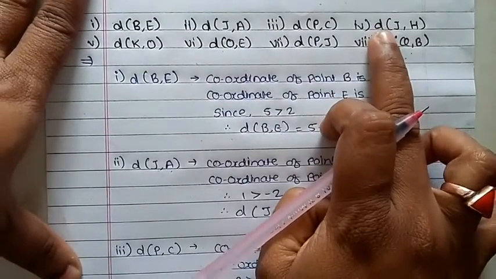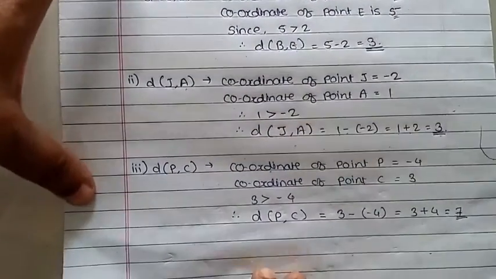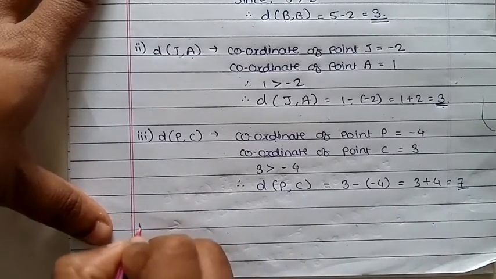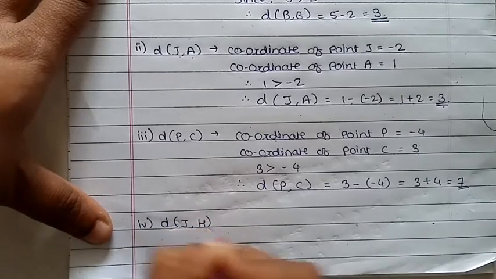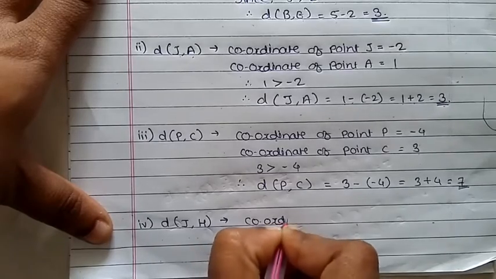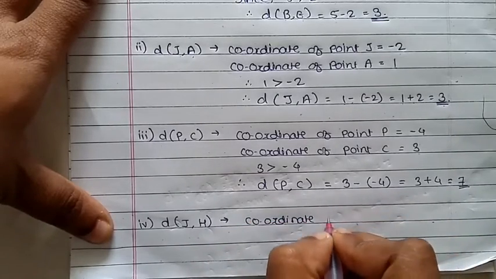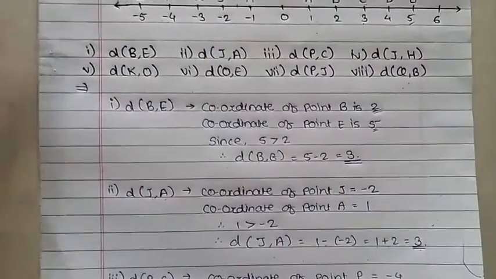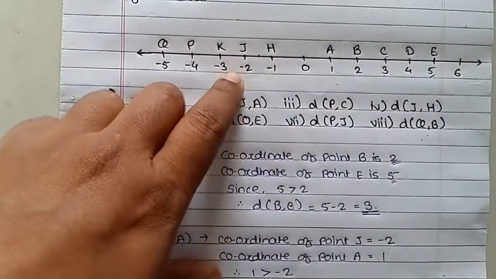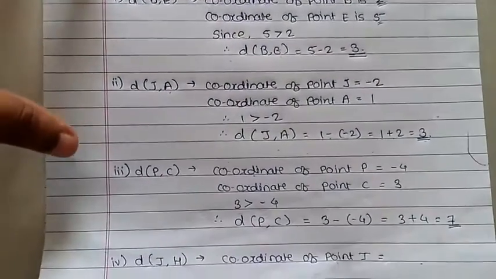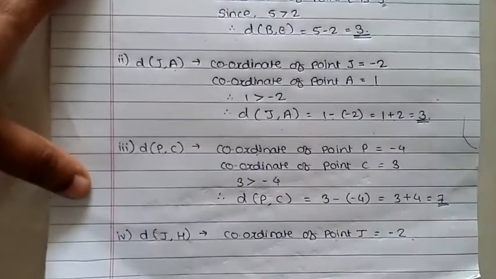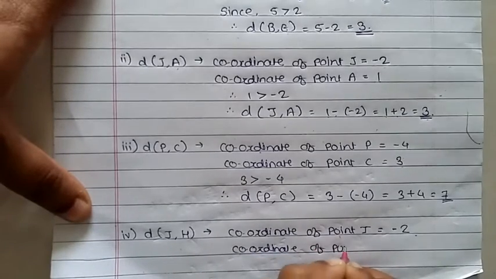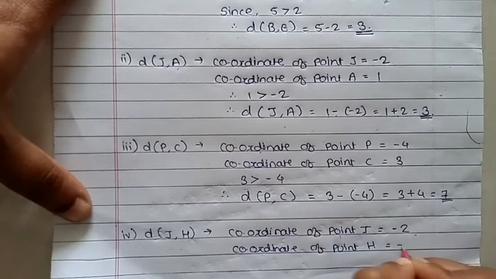Then the fourth one is the distance between J and H. The coordinate of point J is -2, and the coordinate of point H is -1.